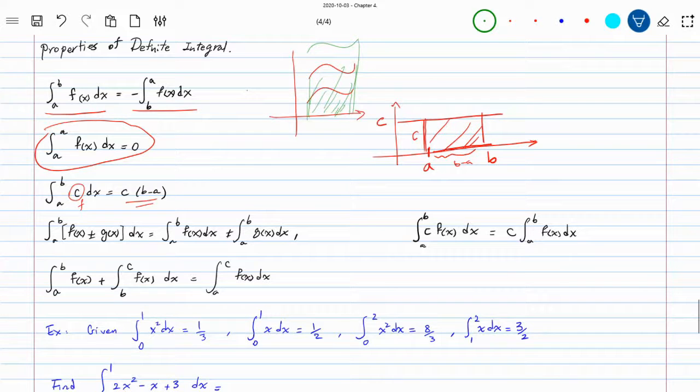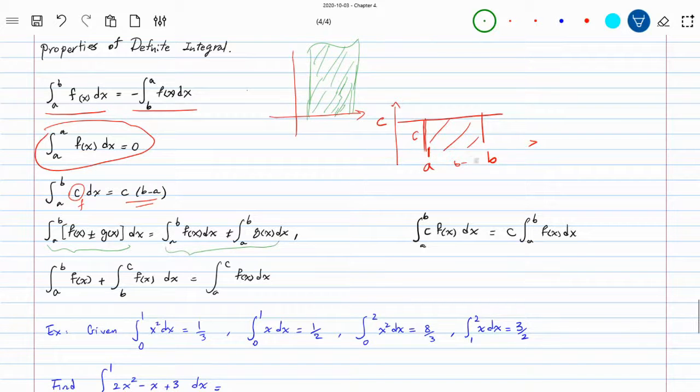That tells you the area of the bigger function. Or you can find the sum of the two first, and then find the area. That's what we're talking about. If you have two functions added together inside, you can calculate the area of each one separately and then add them. Or you can add the two curves together and then calculate the area. It's exactly the same thing. You can break it up.